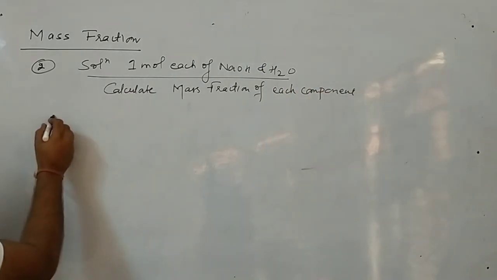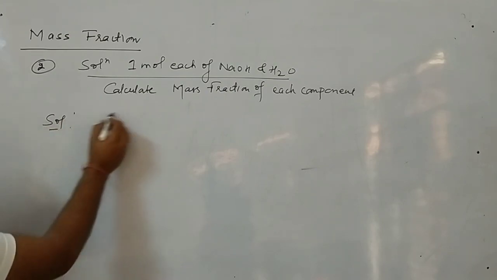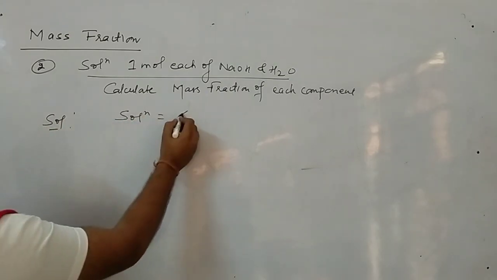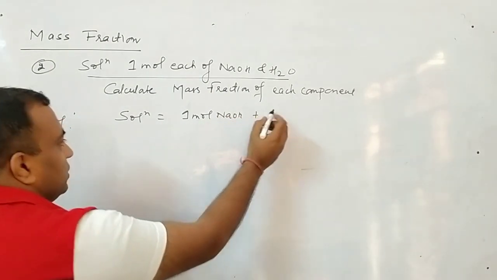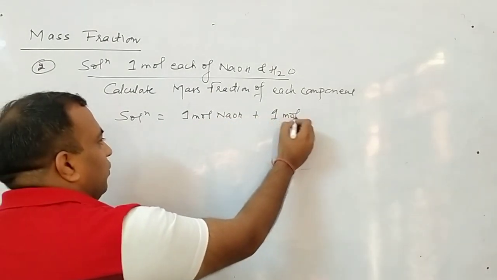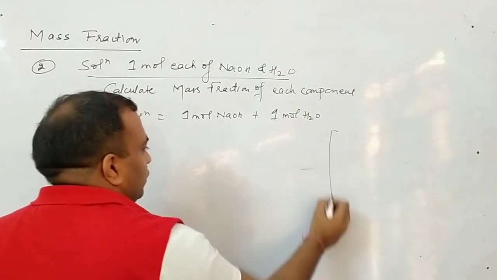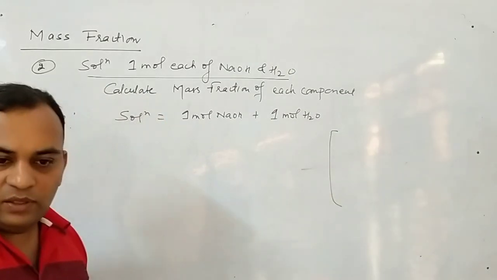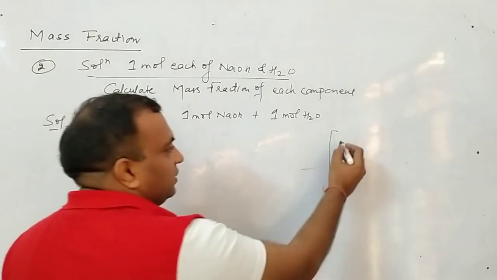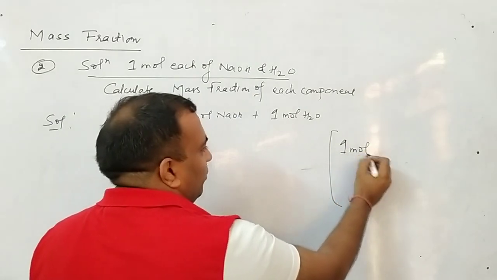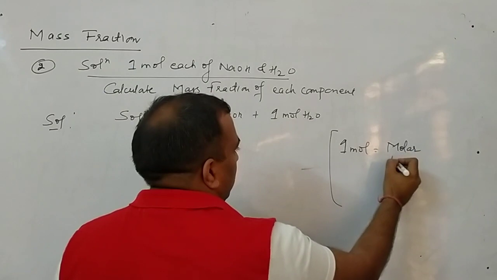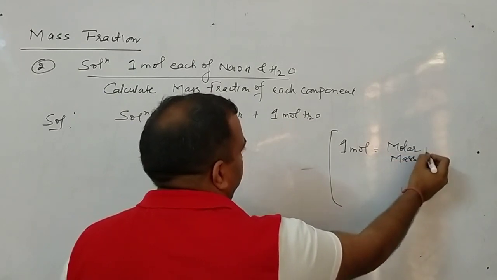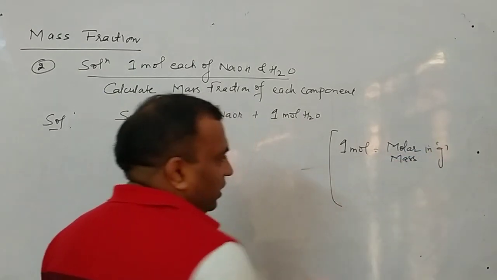Okay, so this is the solution. Our solution contains 1 mole NaOH plus 1 mole water. Now see students, we have done the mole concept. And according to mole concept, 1 mole will have the mass that is equal to molar mass in grams. Am I clear to all of you?